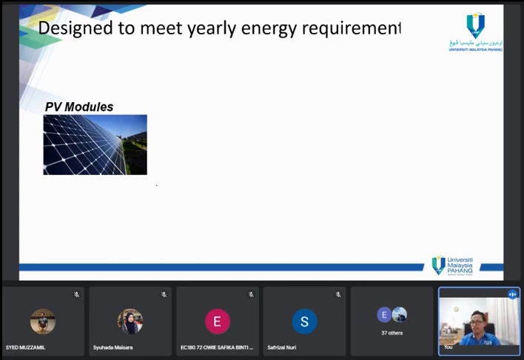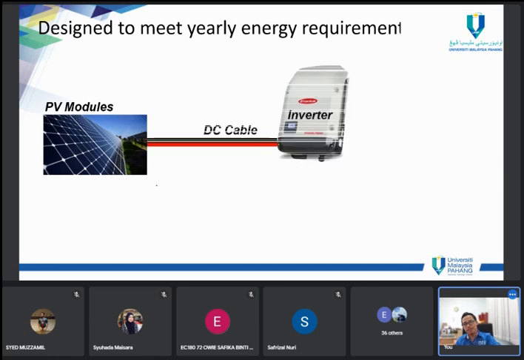So we have PV modules, meaning more than one module. We don't play with a single module. When we go for grid connected, of course, we play with kilowatts or megawatts or gigawatts of size. That's why there must be modules there.